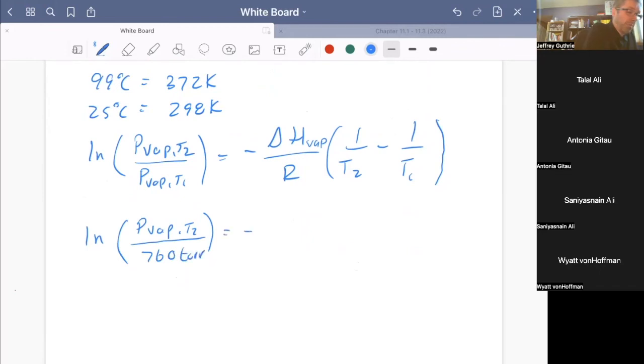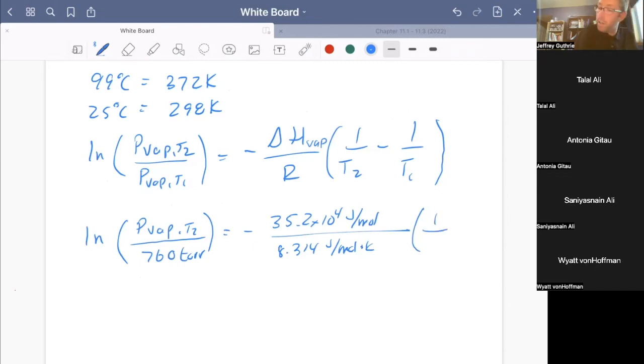That's going to equal minus 35.2 times 10 to the 4 joules per mole over 8.314 joules per mole Kelvin, multiplied by 1 over 298 minus 1 over 372.